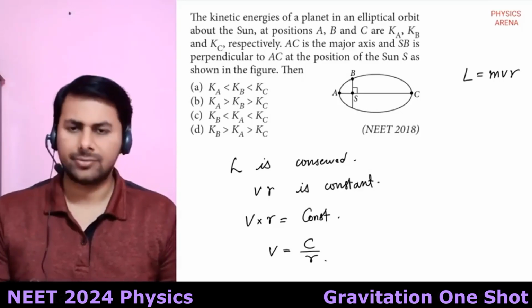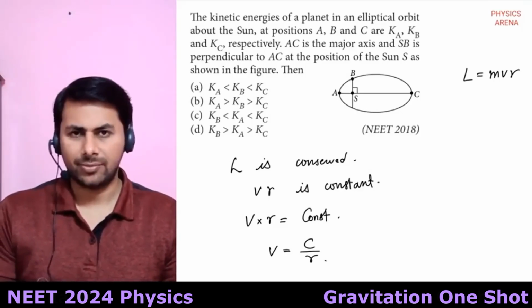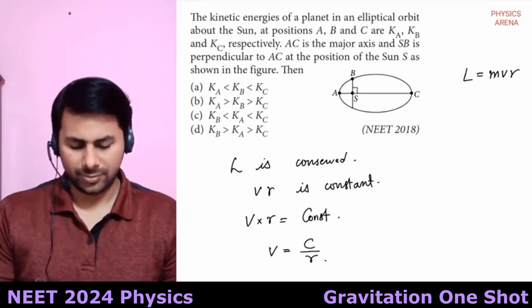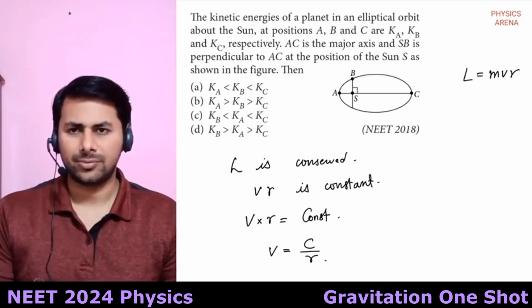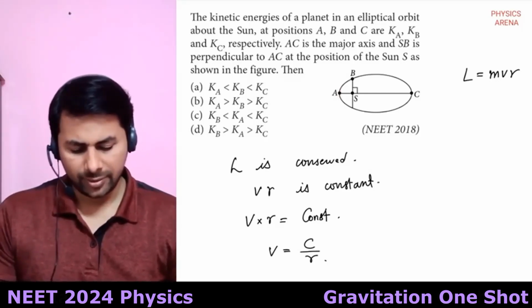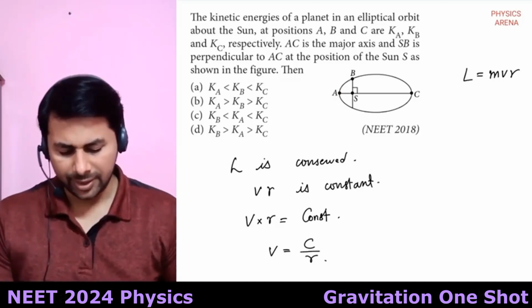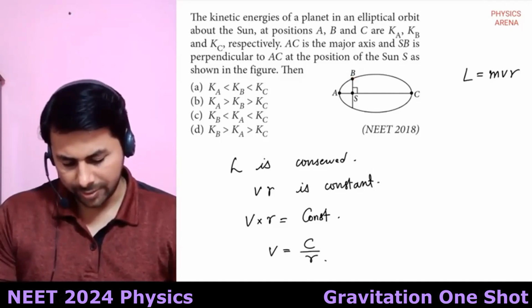And now can you tell me, velocity is inversely proportional to r, at what point will it be maximum? At point A. So at A it is maximum, then it's B, then it's C. So which is the option?